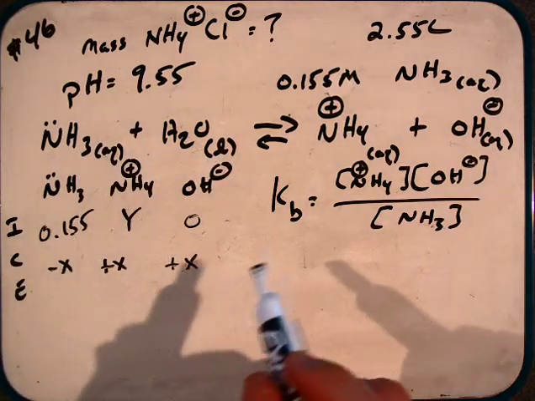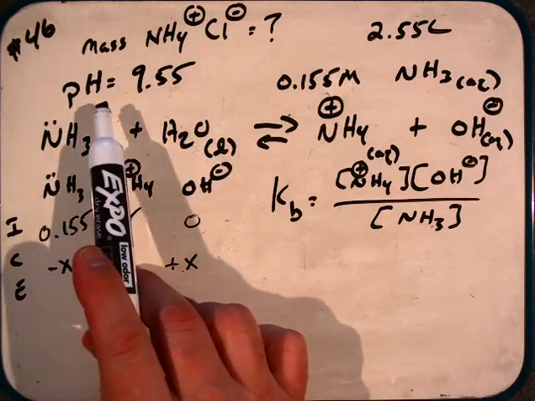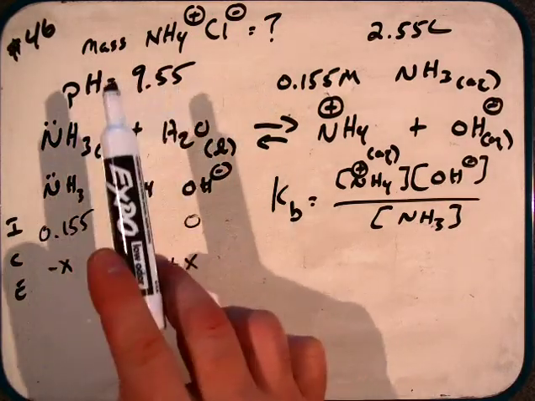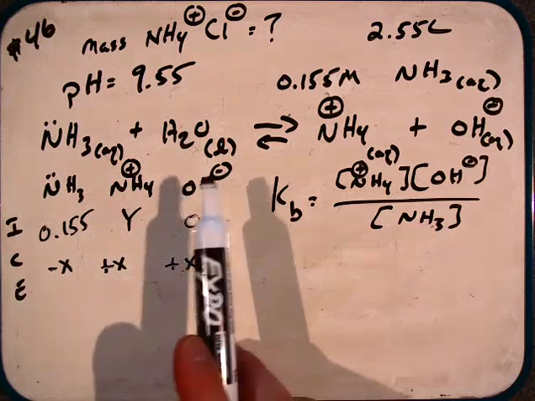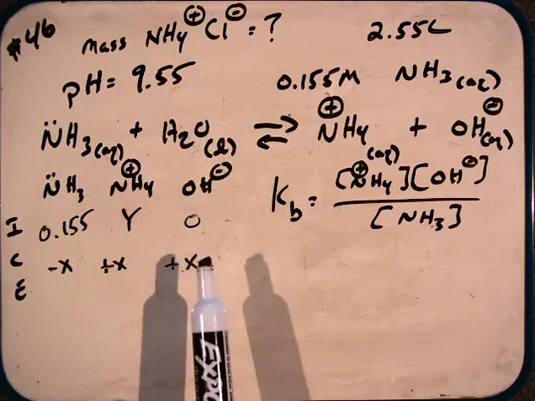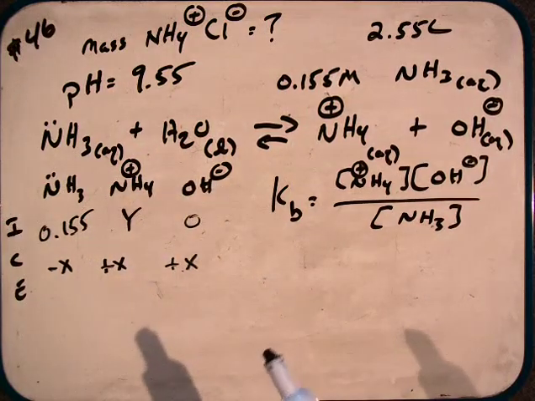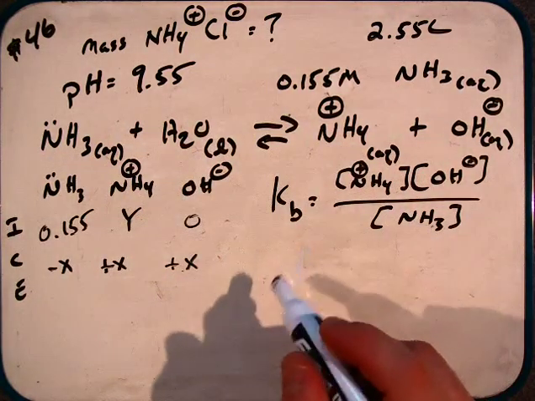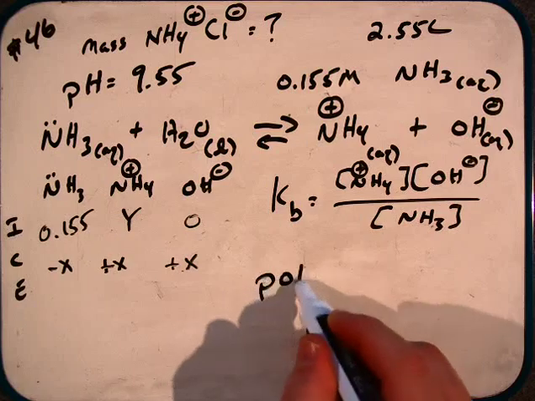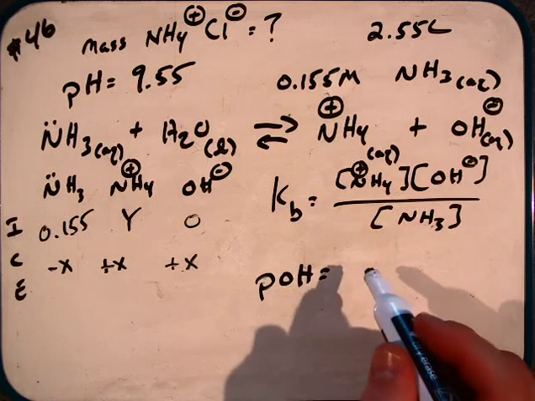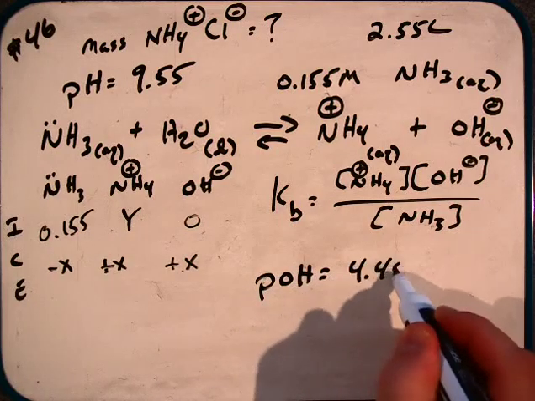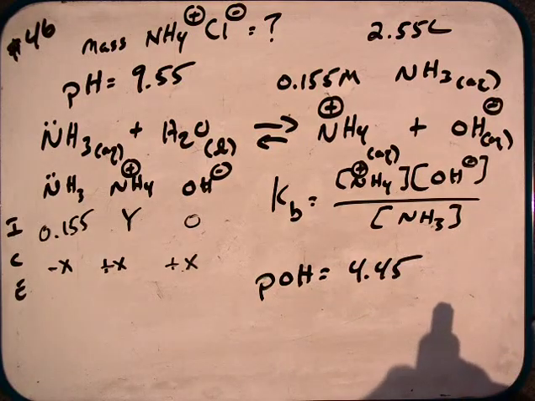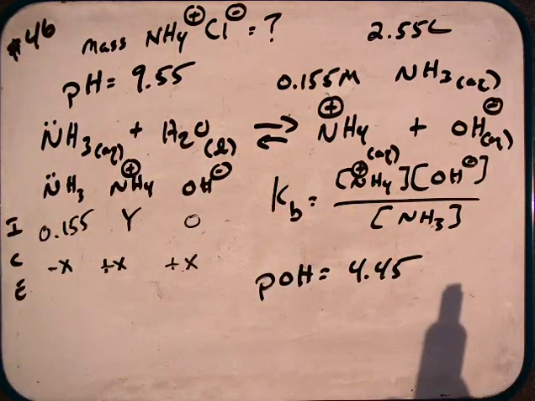The first thing we have to realize is that this is pH, so that deals with H3O plus concentration, but in our column we have hydroxide. So the first thing to do is to convert that. If our pH is 9.55, then our pOH must be 4.45, from our pH, right? Remember, they both relate to 14.